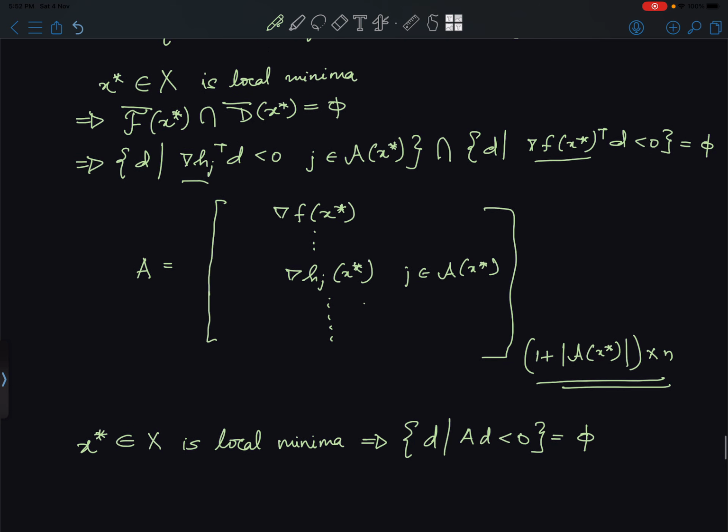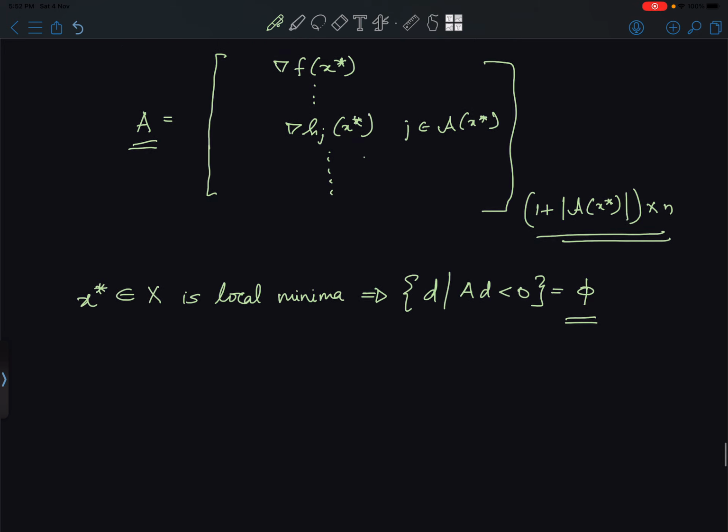So basically what we did was we combined both these conditions, the coefficients of d, into the matrix A, and we are saying that if these two conditions are put together and we find a d, then that particular set will be a null set.